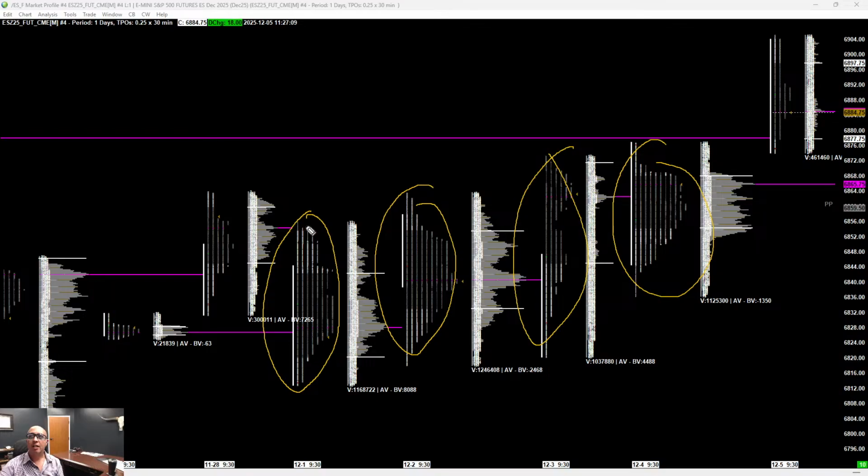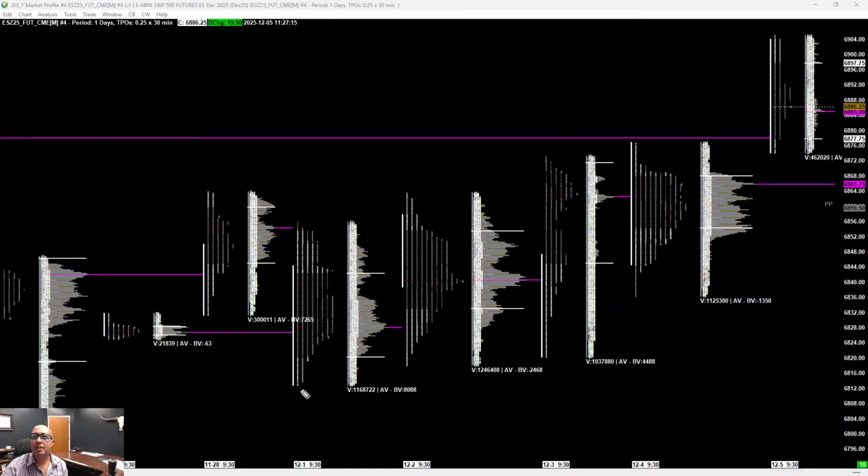You see that this is 1, 2, 3, 4, 5, 6, 7, 8. 8 TPOs wide. Everybody can see that? What do you see on this? 1, 2, 3, 4, 5, 6, 7, 8, 9, 10, 11. 11 TPOs wide.